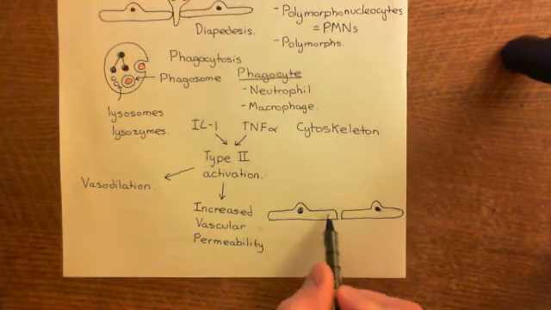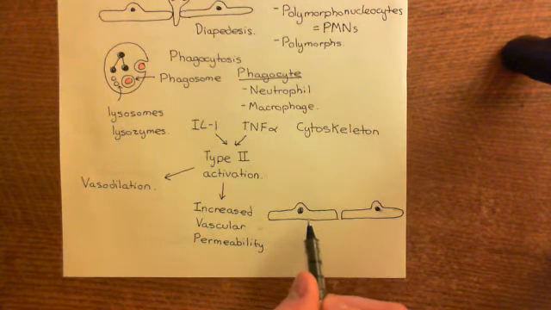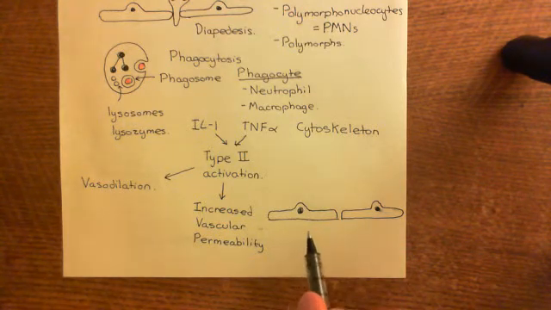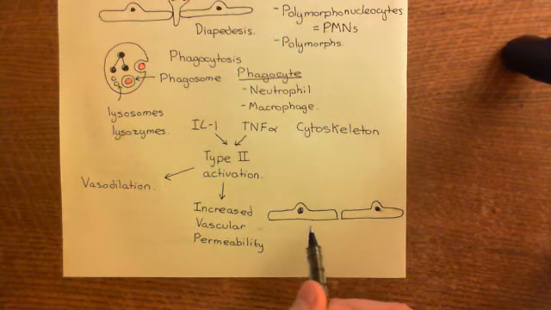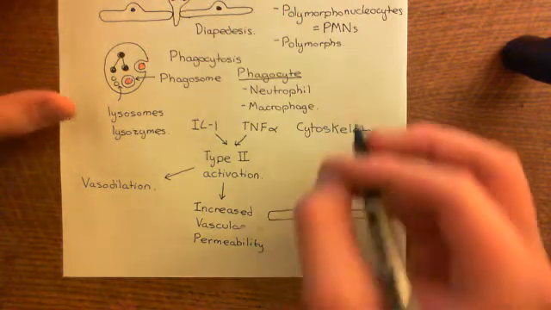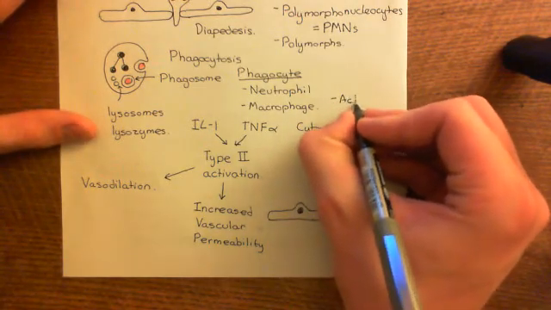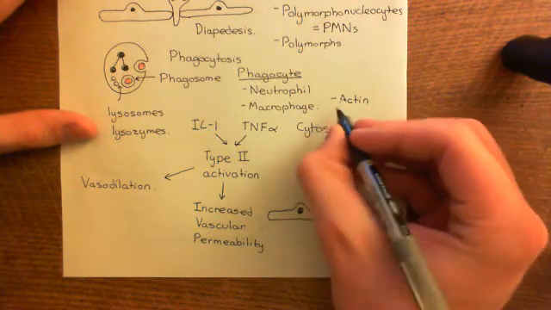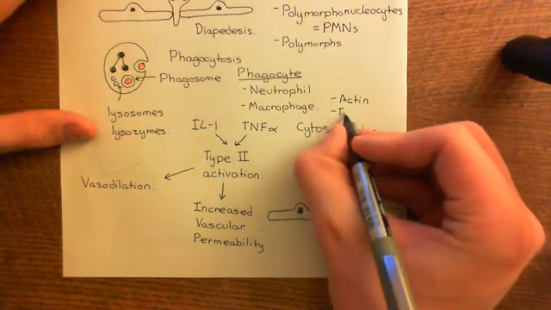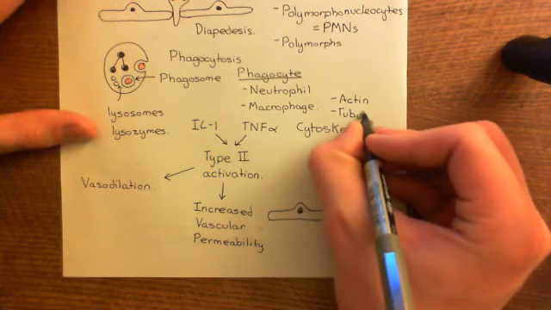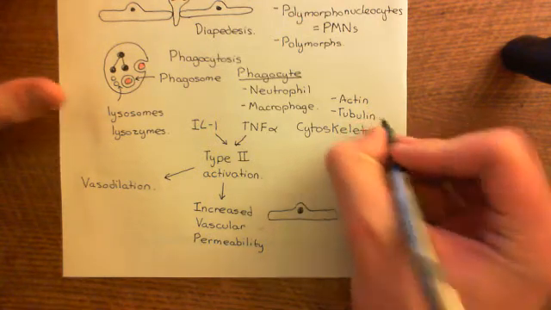Okay, so inside a cell, it's absolutely full of an intertwining spider's meshwork, basically, of cytoskeletal proteins, and there are two major filaments that you have. You have actin filaments, which are made up of polymers of actin monomers, and you also have tubulin filaments, which are made up of polymers of tubulin.